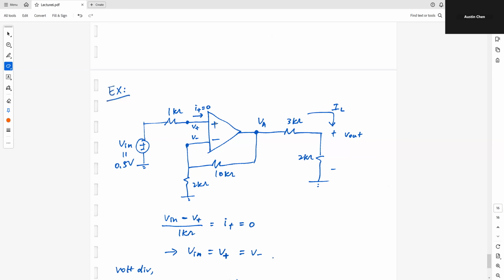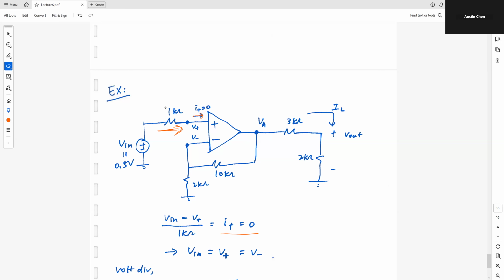positive terminal is equal to 0, and also the fact that the voltage here, V in minus V plus, divided by this 1K ohm, which is this current, has to also be 0. So V in minus V plus divided by 1K is this current, and this current has to be the same as this current I plus, which is equal to 0.